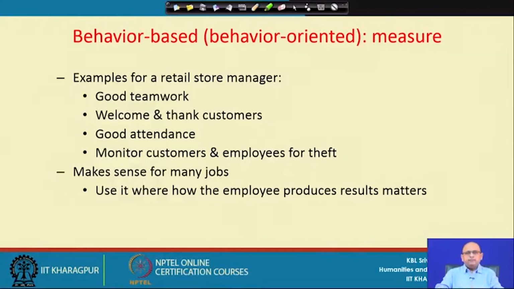Now, I am taking another example here, say a retail store manager, right. In a retail store manager, what are the different kinds of things that you are looking for? Now, if you look at this example, you can see what is happening. We expect a store manager to have good teamwork, to welcome and thank customers, to provide assistance to the employees, and to monitor customers and employees for theft, right.